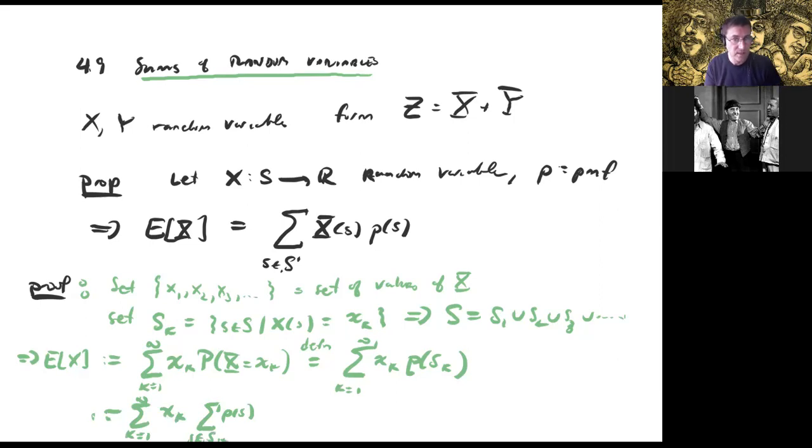So the probability of Sk consists of a bunch of elements, and the probabilities add. And here p, I'm using little p now, because I'm using the PMF. Okay, and now, what is that? That's the same thing by the definition of what x sub k is.